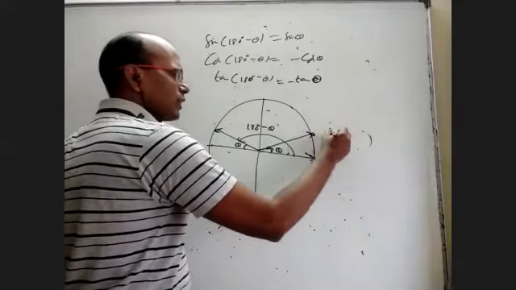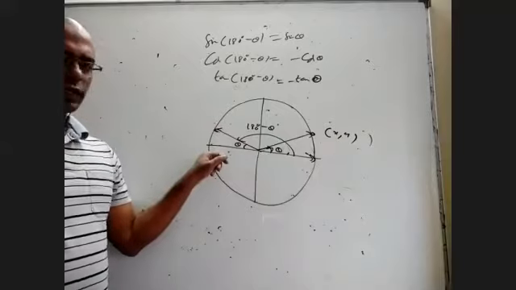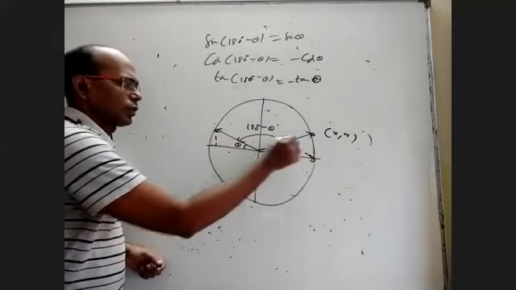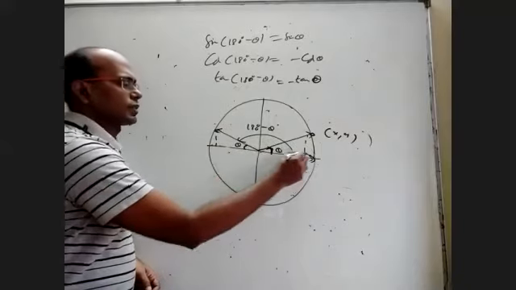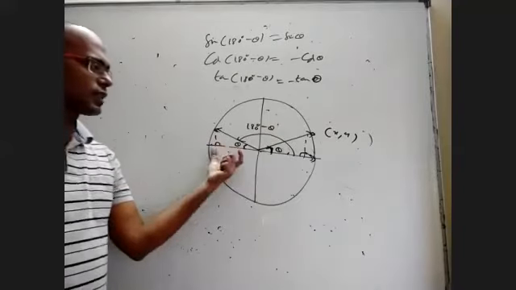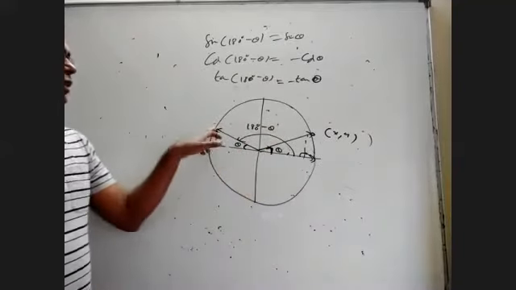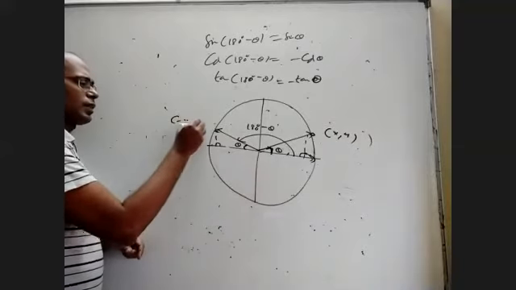This point, if you take x comma y, I can say these two are congruent triangles if I draw one vertical line, because this is theta, this length and this length are equal, this is 90, this is 90, so they're congruent triangles. So this side will be the same as this side, this length the same as this length. So this is a mirror image of this in the second quadrant. Because of the same length, it will be minus x comma y.